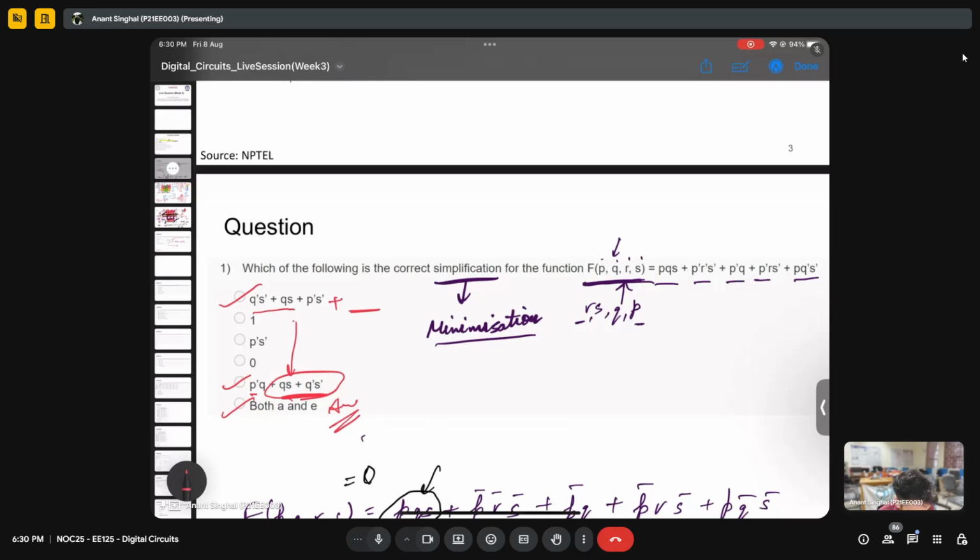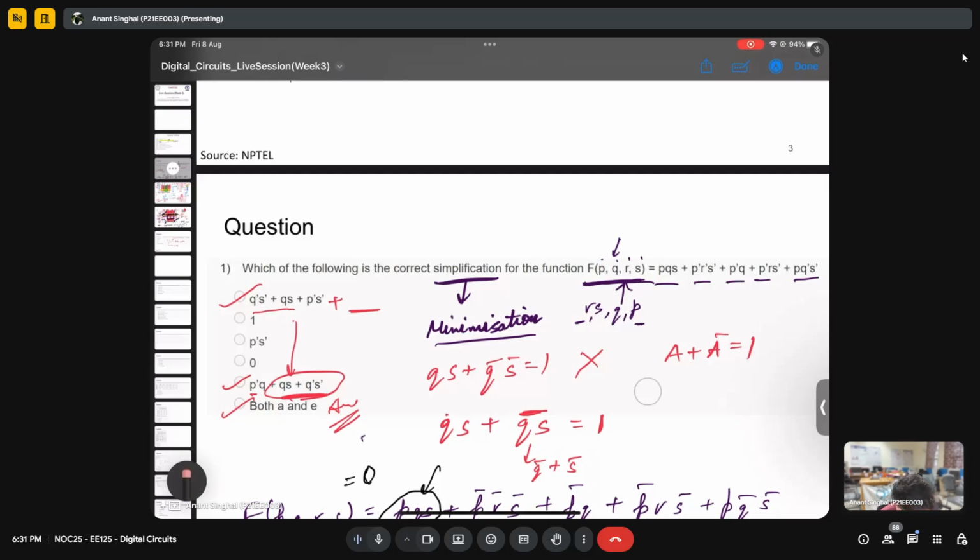No, no. You are saying Q S and Q bar S bar equals 1, right? No, this is not equal to 1. Actually Q S plus Q S whole bar equals 1, and this is nothing but Q bar plus S bar. So don't get confused. Basically A plus A bar equals 1.